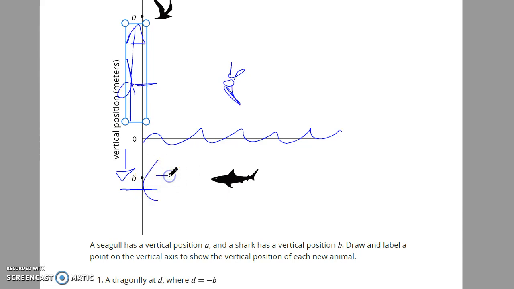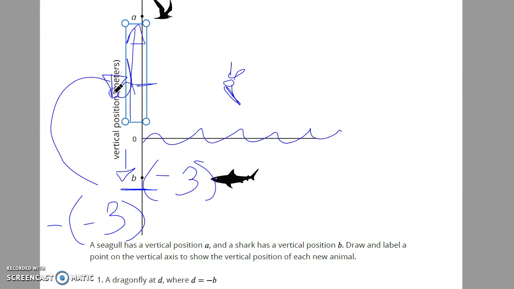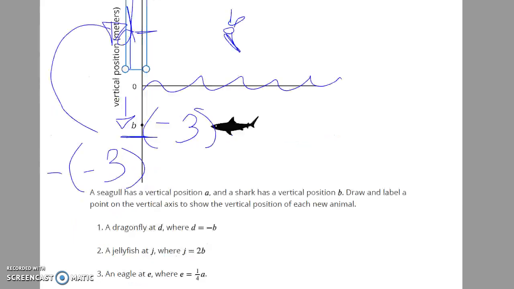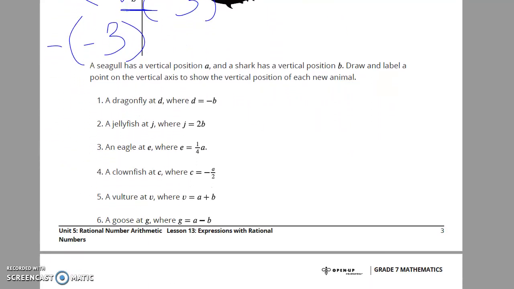So if this was negative 3, say, and then we did the negative version of it, it would be a positive 3, thus putting it above the 0 or in the air. I hope we all know dragonflies fly.